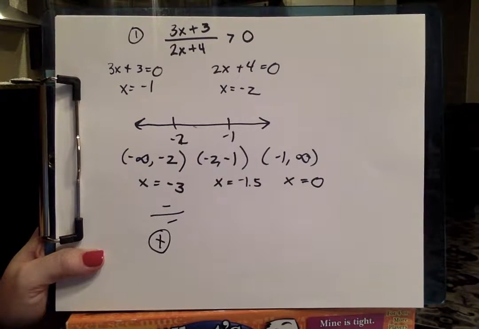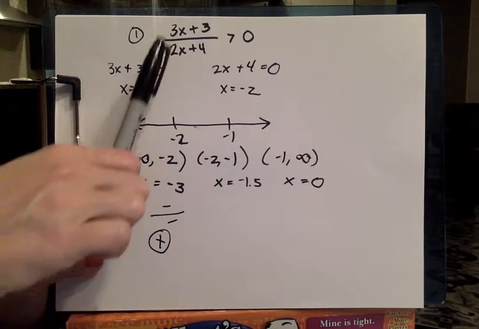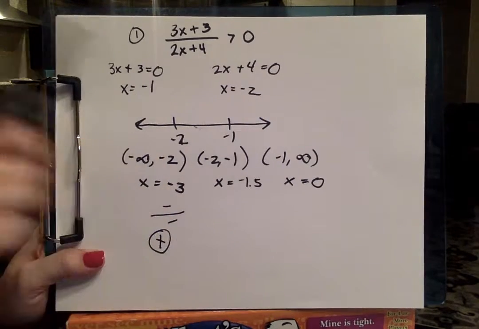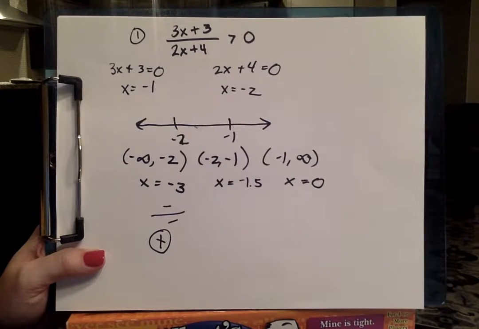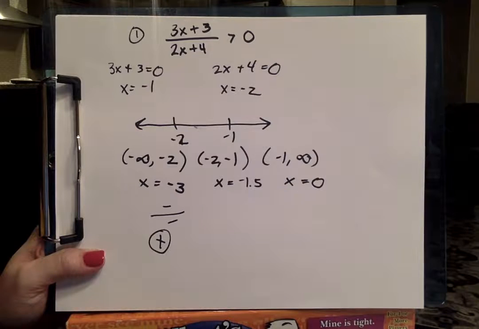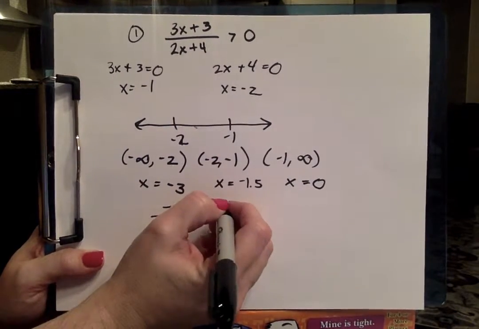Then we have -1.5. Okay, so I'm going to have 3 times -1.5. 3 times -1.5 is -4.5, sorry. -4.5 plus 3 is negative.